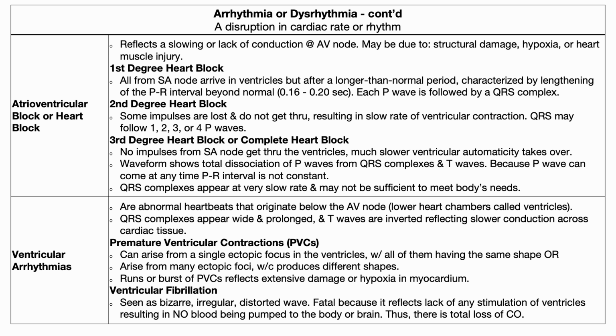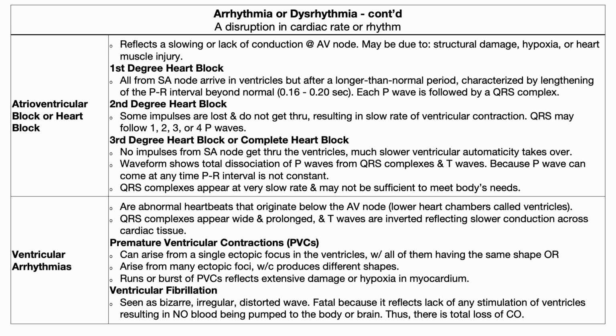The waveform shows total dissociation of P waves from QRS complexes and T waves. Because P waves can come at any time, the PR interval is not constant. QRS complexes appear at a very slow rate and may not be sufficient to meet the body's need.